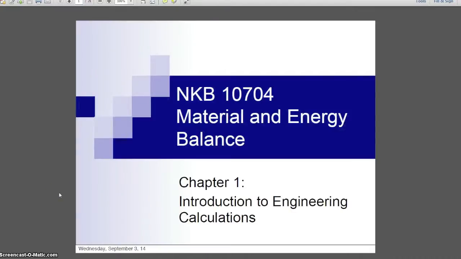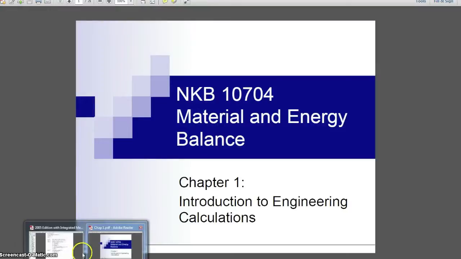Alright guys, this is chapter 1, Introduction to Engineering Calculation. This is the lecture slides, and I'll be going back and forth between the lecture slides and the textbook. I'll be using mostly the red textbook, which is Felder.